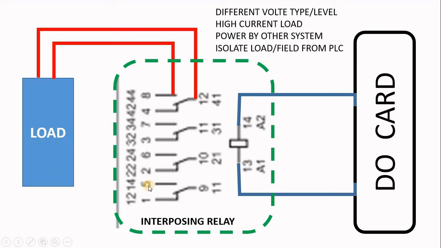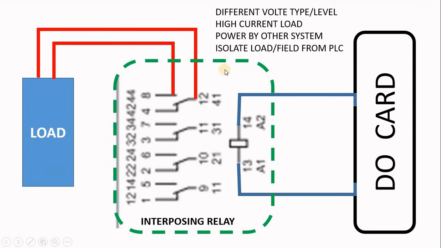The problem you will face is where my interposing relay will be: in my PLC cabinet, or in the MCC. That means those two wires will go all the way from your PLC to the MCC, or those two wires come from the MCC to your cabinet.